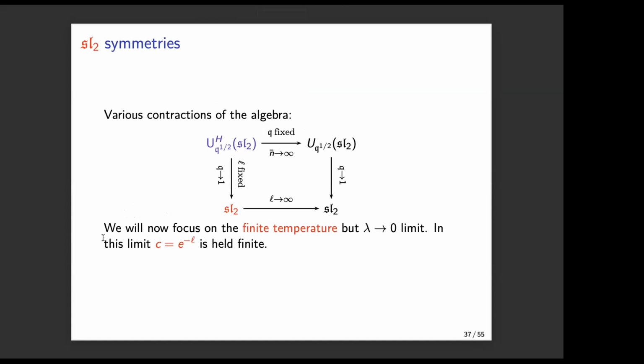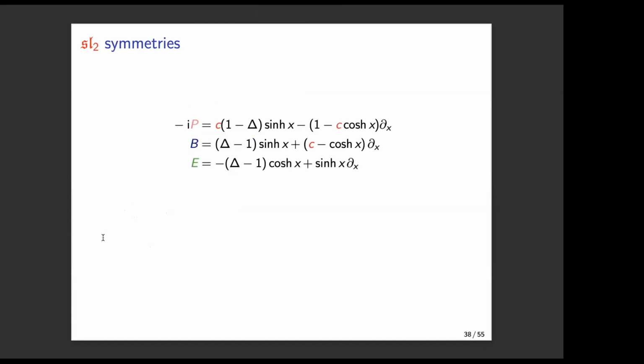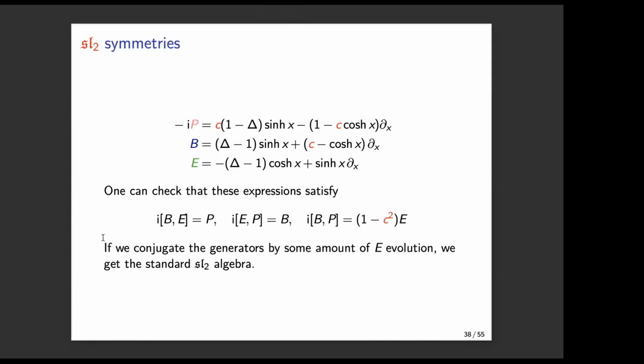Now, this other thing that it gives us is a bit of a surprise. In particular, just by plugging in the concrete expressions that we have, we get this particular expression for P, D, and E, which you see are identical to the ones in the previous slide, except for this factor of c. So in particular, we still get the SL2 algebra, even at finite temperatures.